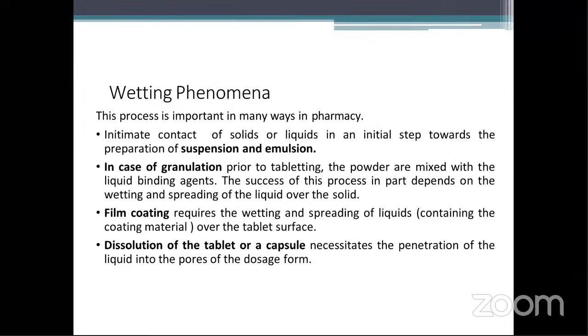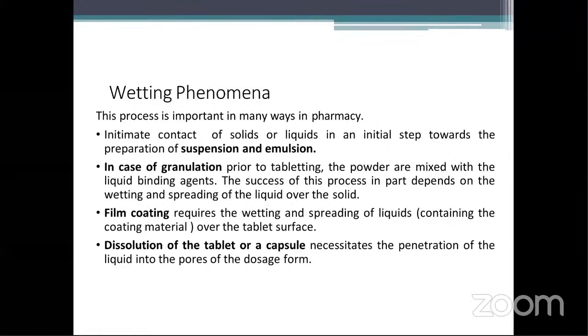Next one, you will have seen various colorful tablets are there, colorful capsules are there. So over the surface of the tablet, sometimes coating is given for different reasons. That may be film coating, that may be sugar coating if the drug is bitter in taste, and enteric coating.